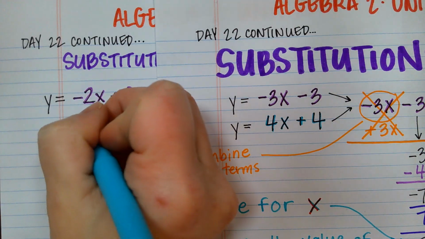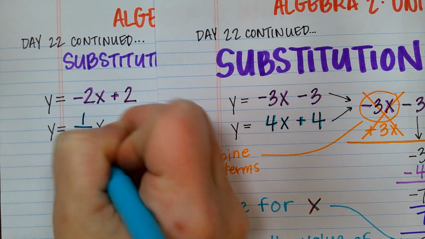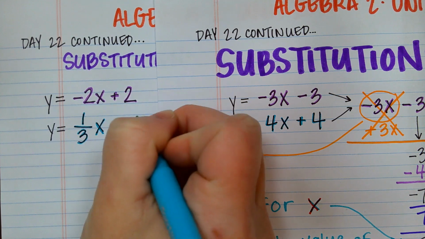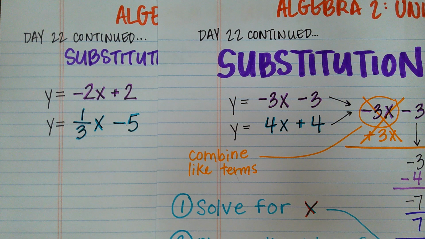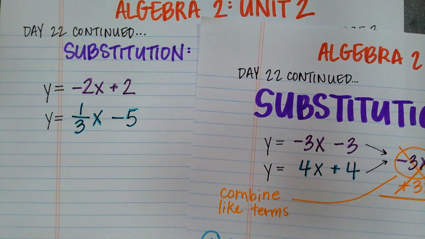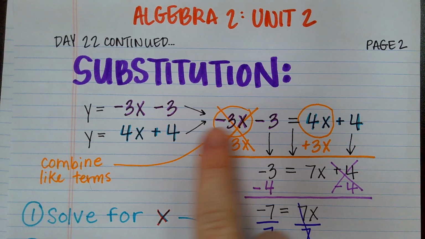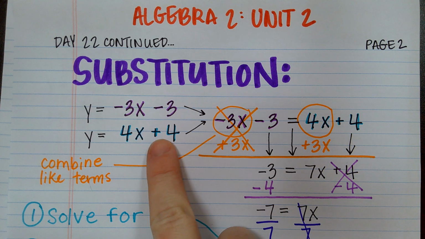And we've got 1/3 x minus 5 equal to y. And if two values are equal to the same thing, they must be equal to each other. They must be the same. So let's do like what we did here and set them equal to each other.